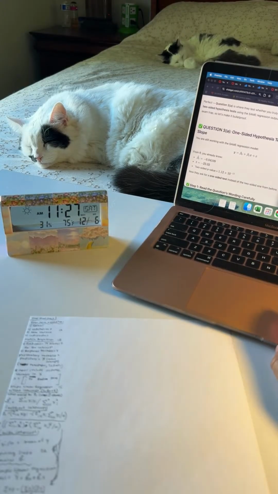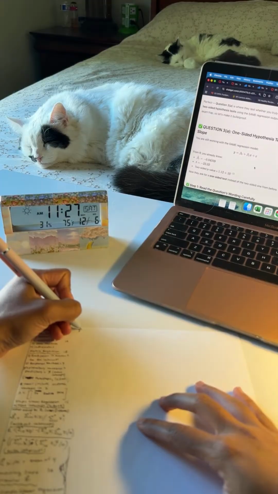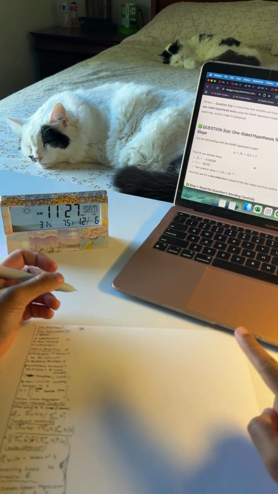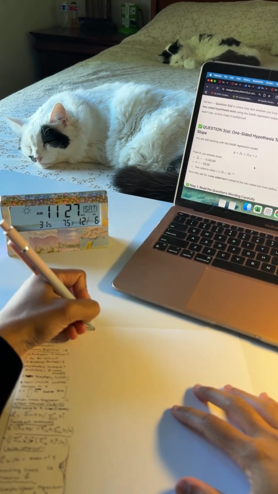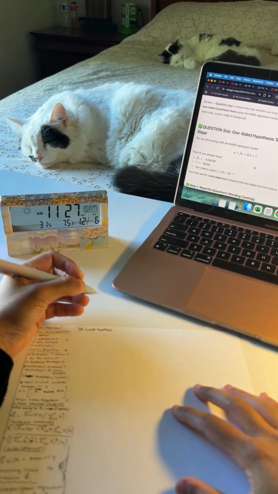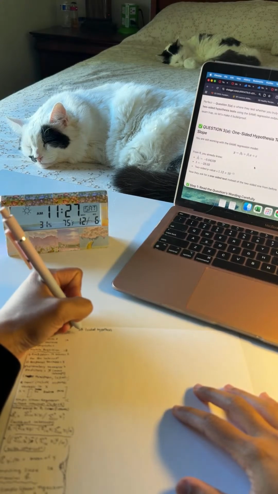3a, b, c. So 3a, one-sided hypothesis test for the slope.